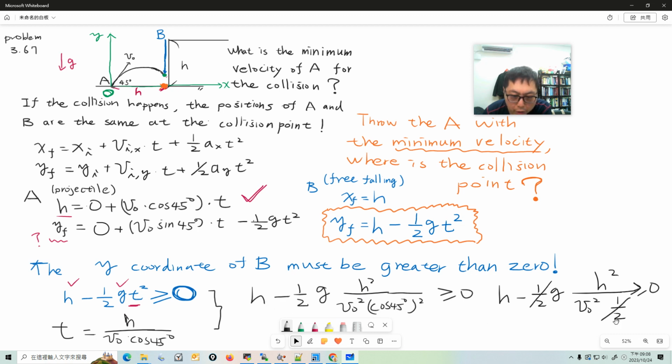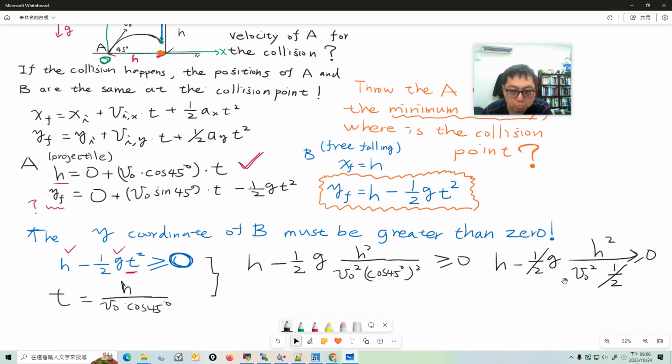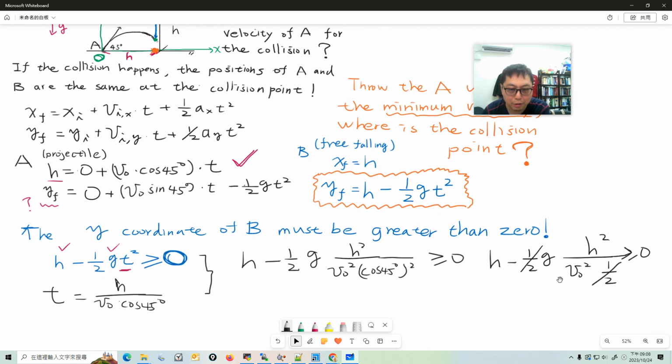This cancels out, so it's g h squared. Let's continue. Maybe it's just my illusion. So what will happen is we get h minus g h squared over v naught squared greater than 0.